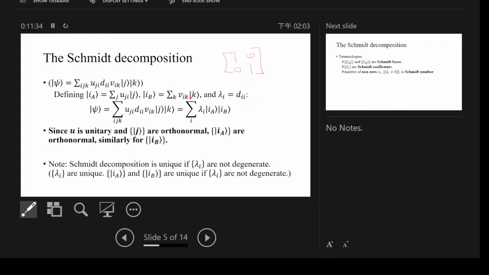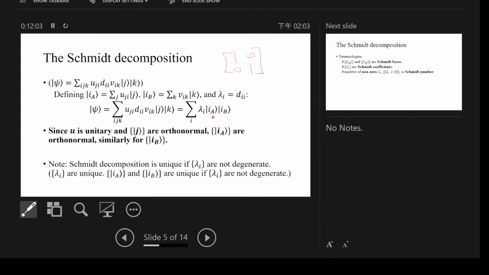So this thing depends on I, and this thing depends on I. And you define lambda I just as this D_II, and so you synthetically eliminate these JK indices, and your state becomes the sum over I of lambda I times I_A I_B.